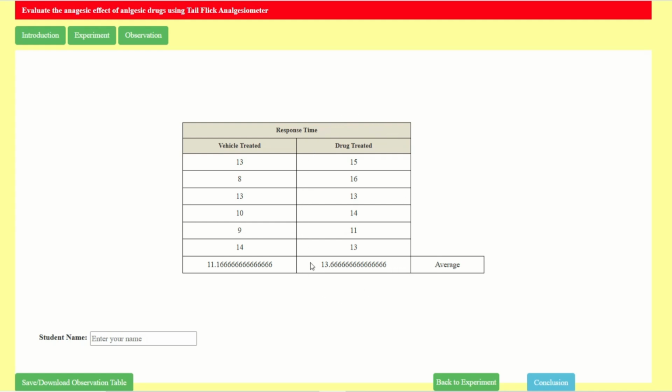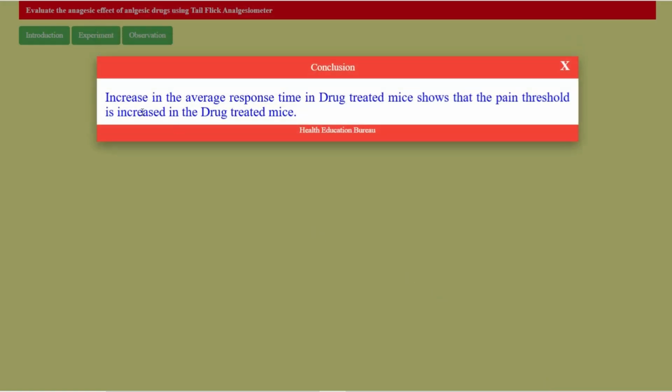The tolerance for pain is increased in the morphine treated group. Now we will see the conclusion. The increase in the average response time in drug treated mice shows that the pain threshold is increased in drug treated mice.